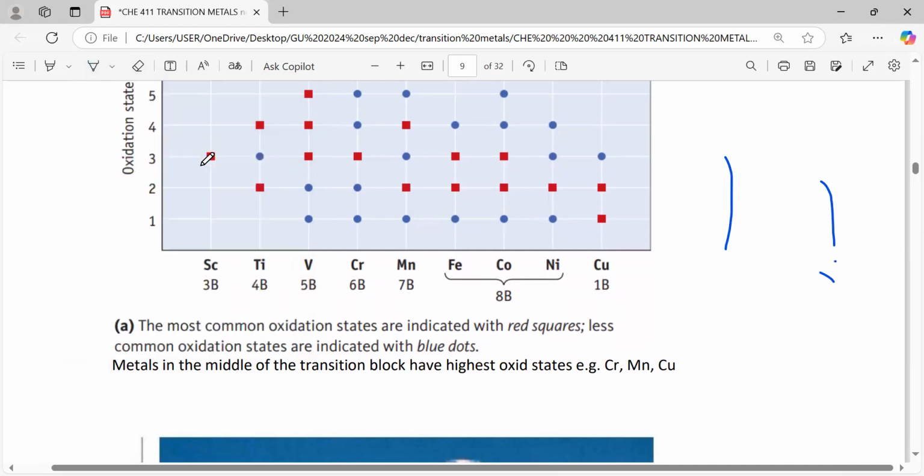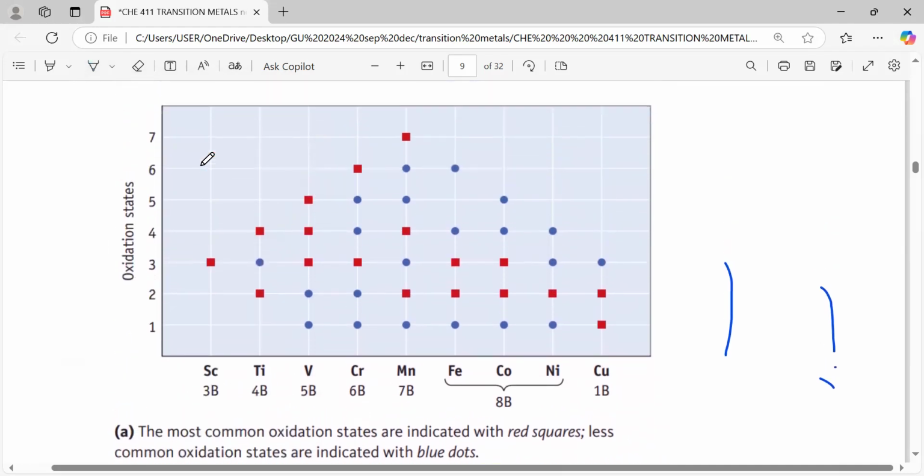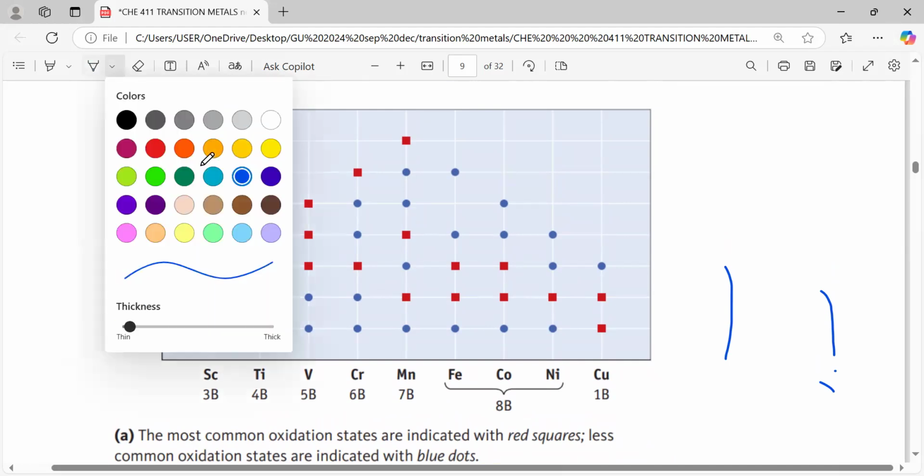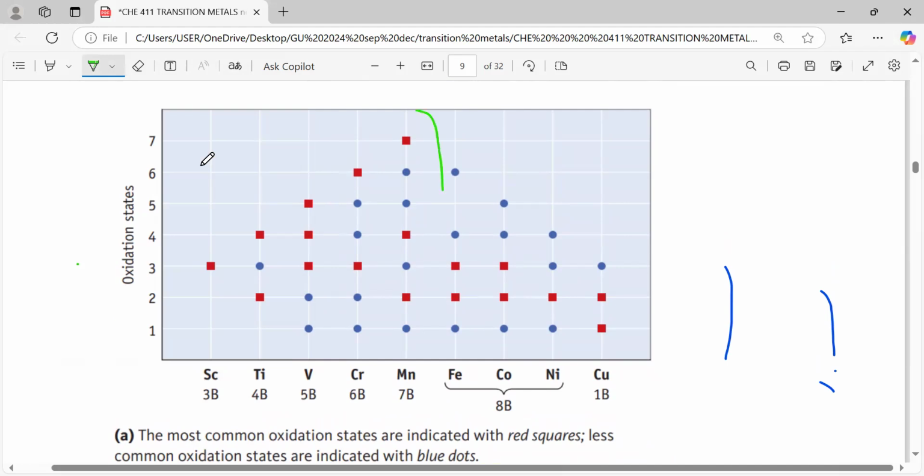For example, we can see that the element in the middle of the block has the highest possible range of oxidation numbers, manganese, all the way to 7.